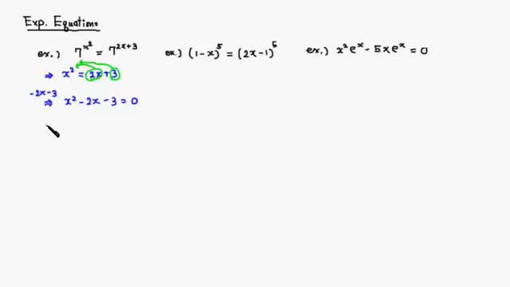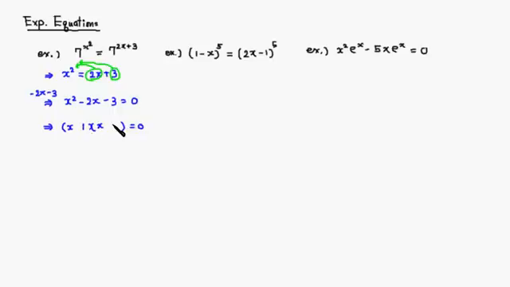Then we can factor this. x squared minus 2x minus 3 can be factored as the quantity x, and so on, equal to 0. We have to make negative 3 by multiplying two numbers, so it's probably 1 and 3.